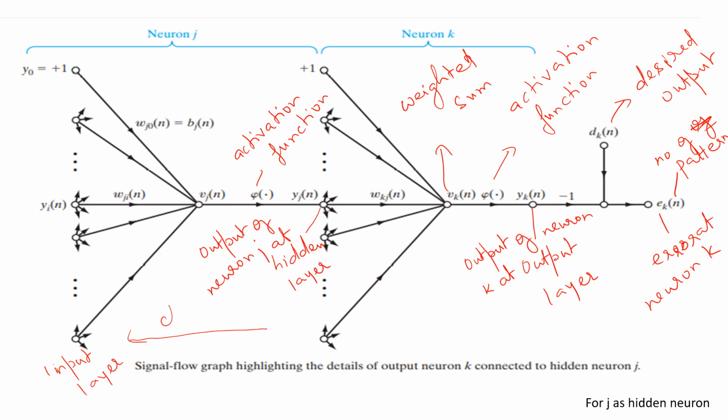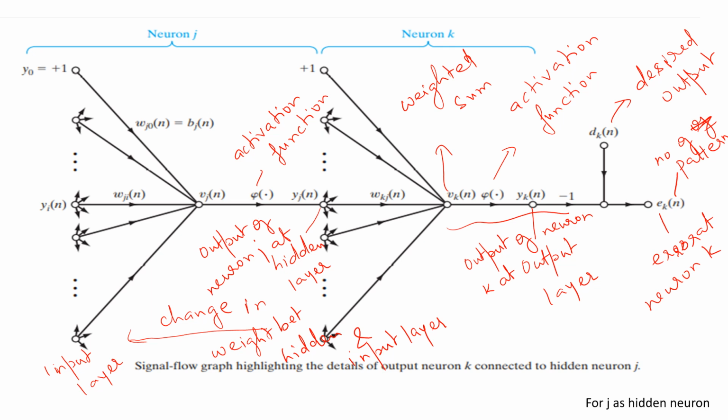So I want to derive the formula for change in weight between hidden and input layer. Okay. Last video it was hidden and output layer. This is in between these two.